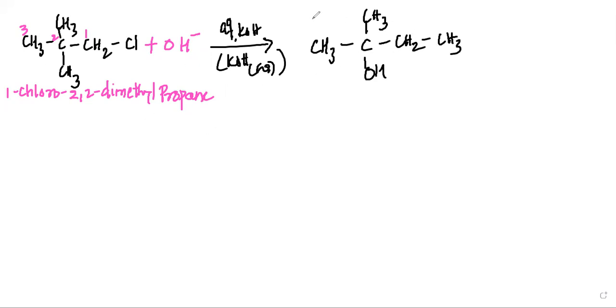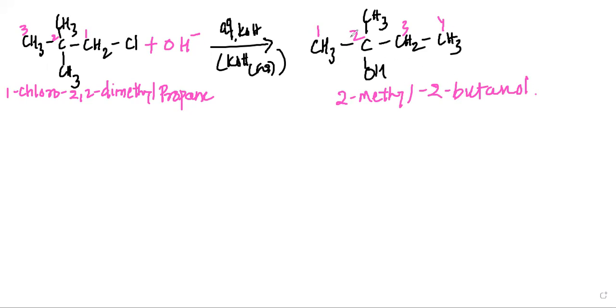We can give it a name, numbering 1, 2, 3, and 4: 2-hydroxy-2-methylbutane, or we can say 2-methyl-2-butanol. Let us not write the capital B here. So this is how, my dear students, we write the name.